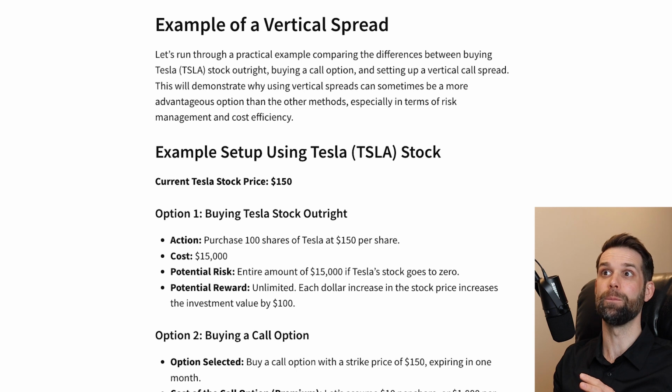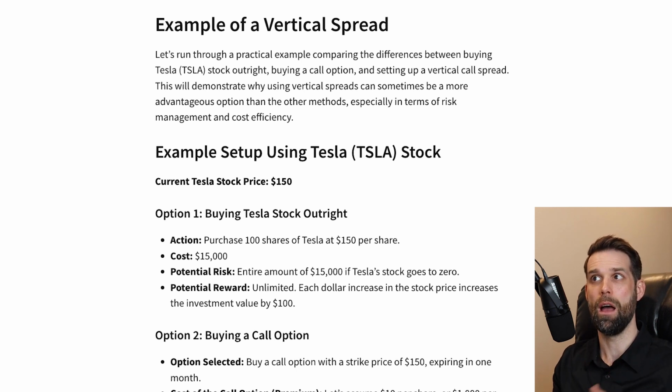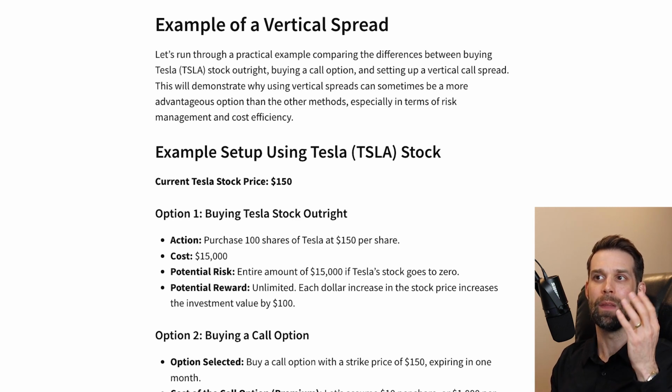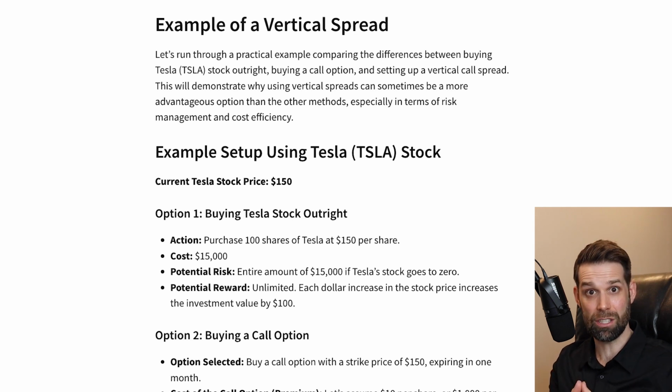So what I thought we'd do now is actually run through an example of a vertical spread on the whiteboard, and then we'll talk about what it looks like to run through these three different options where we just buy a stock and see what the outcome is, where we just buy a straight up call option, and then where we set up a vertical spread, and then we'll see through three different scenarios what our outcome is, so we can see potentially the benefits of setting up these vertical spreads when you are actually trading and investing.